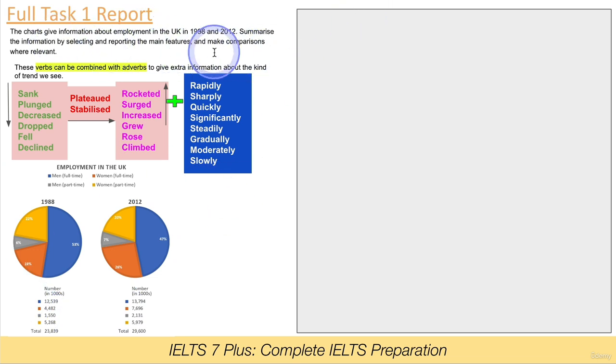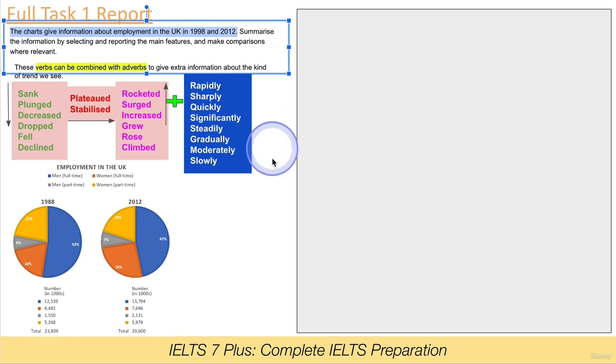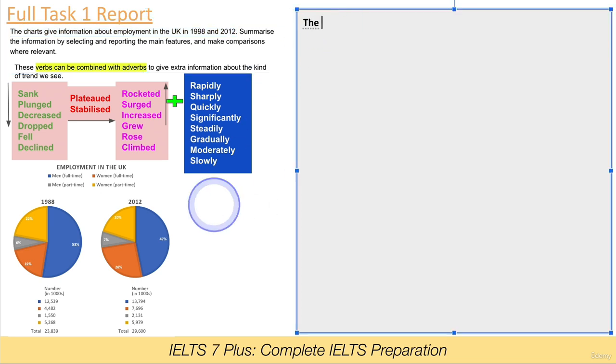Okay, so then we want to paraphrase to start off our report. This sentence here, the statement. The charts, they are pie charts. We can write that in our paraphrased sentence. The charts give information about employment in the UK in 1998 and 2012. Okay, it's fairly short. So, like I just said, we can be more specific.